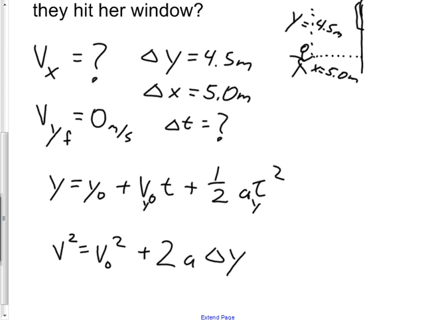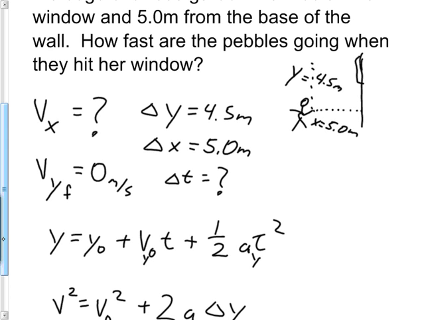So what I'm going to do is I want to find what my initial velocity is. If I look up here at things that I need and want to know, I have a final y direction velocity, but my initial y direction velocity, I don't know that. So that's something I'm going to be looking for right there. I suppose I should have really expressed that right off the bat.